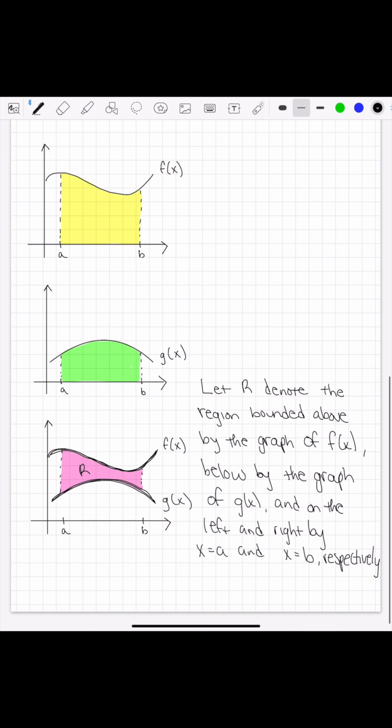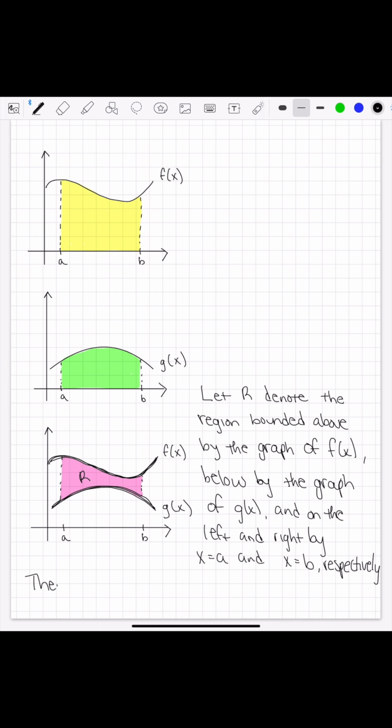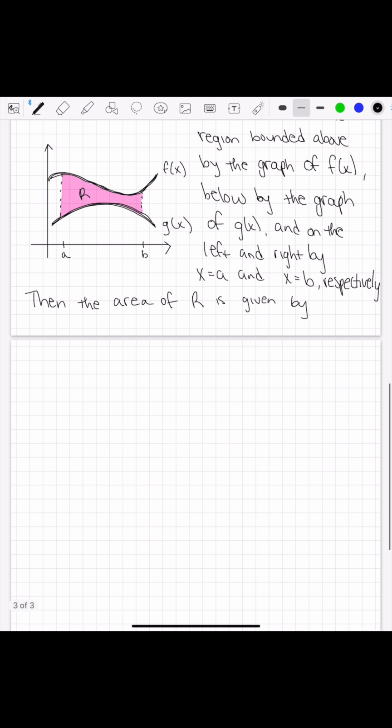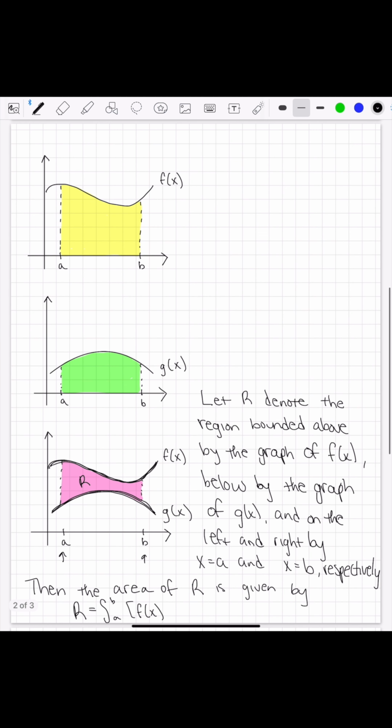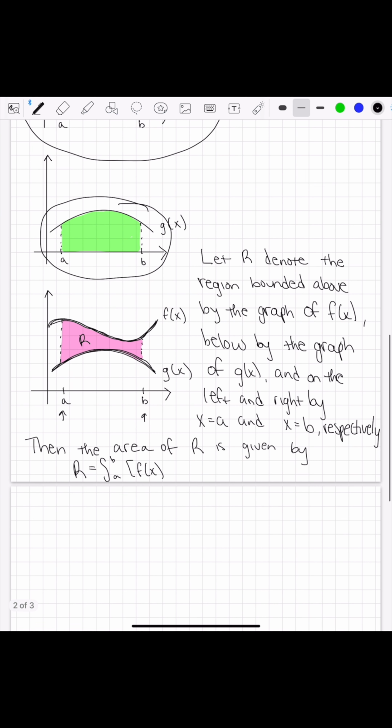So as we saw on the graphs, the area of R is given by the integral from a to b, because it's still bounded on the left and right by a and b, of f of x, so we had this whole area, and then we took out this area.